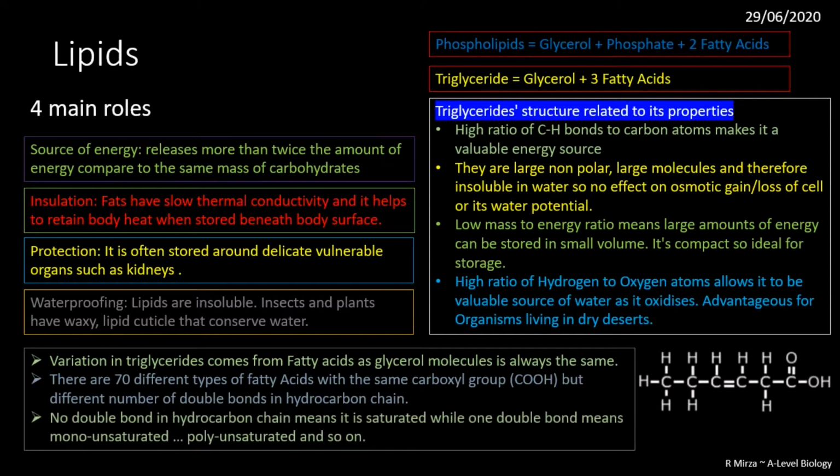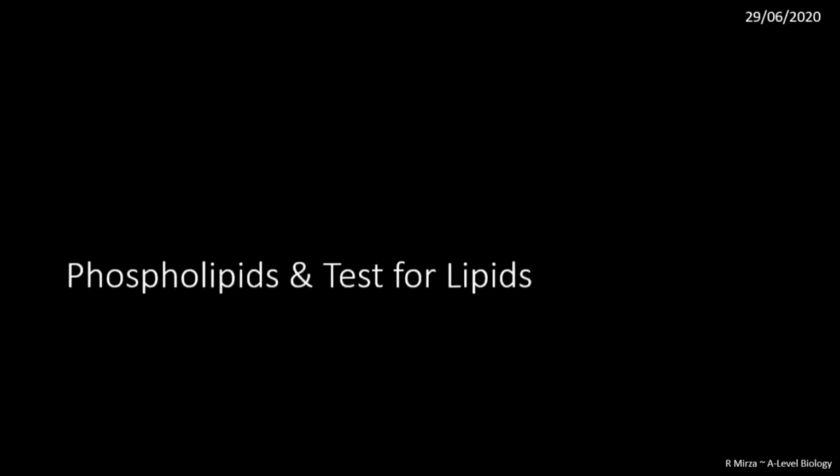Now you must remember this detail that it is one double bond within a hydrocarbon chain and not in the entire fatty acid, as a monounsaturated fatty acid will have two double bonds, one within the hydrocarbon chain and the second one in the carboxyl group, as you can see in this diagram as well. If there are more than one carbon-to-carbon double bonds within these hydrocarbon chains, then we call it a polyunsaturated fatty acid.